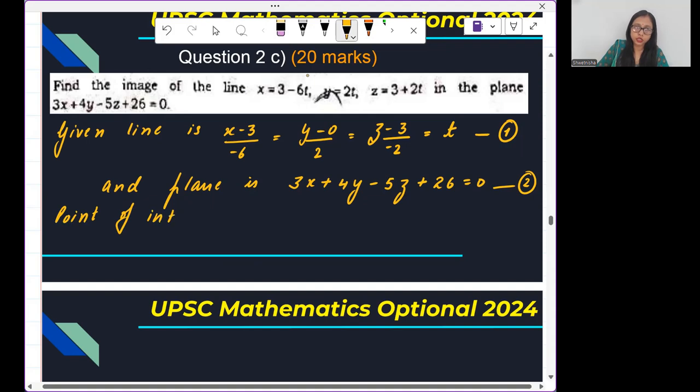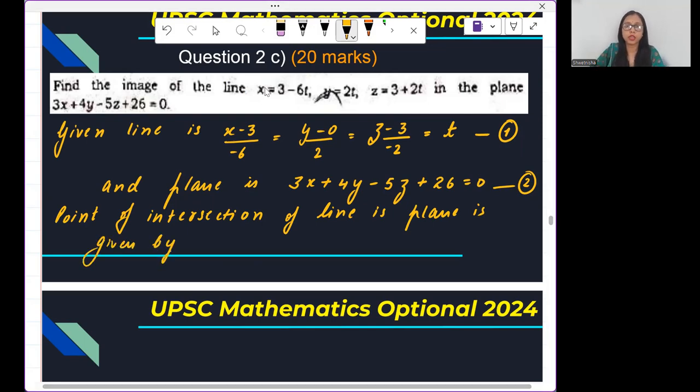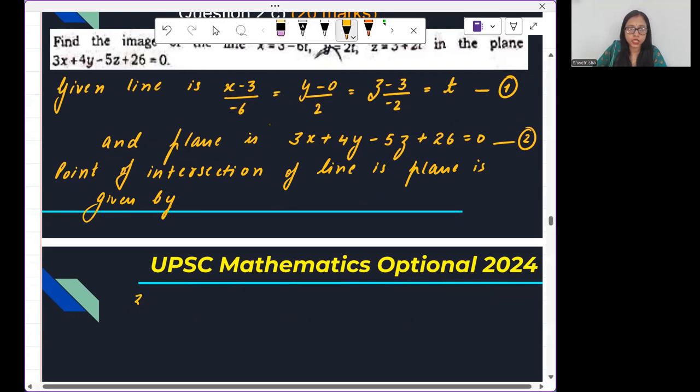Point of intersection of line and plane is given by, so 3 times minus 6t plus 3 plus 4 times 2t minus 5 times 3 plus 2t plus 26 is equals to 0.